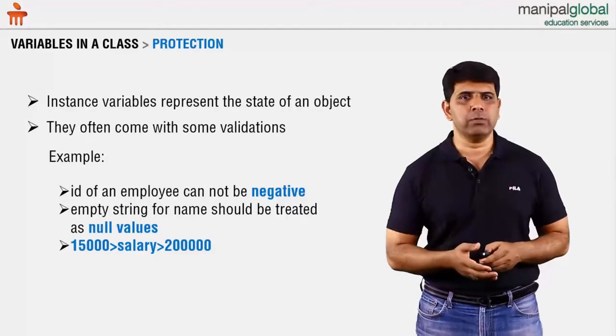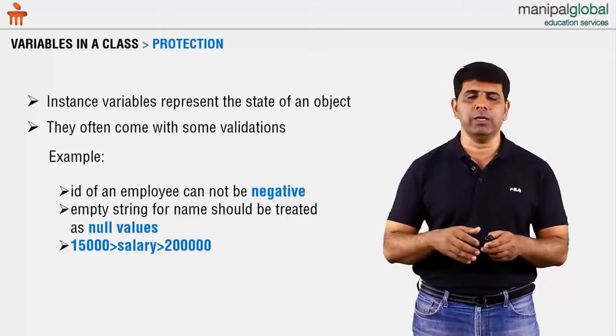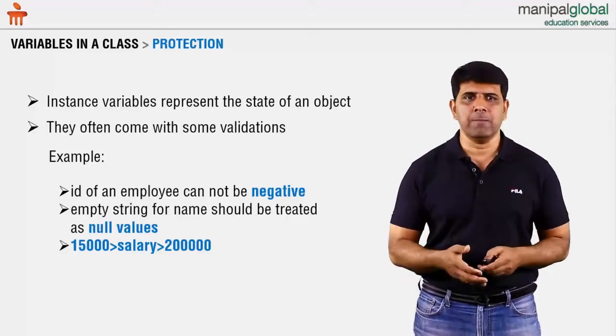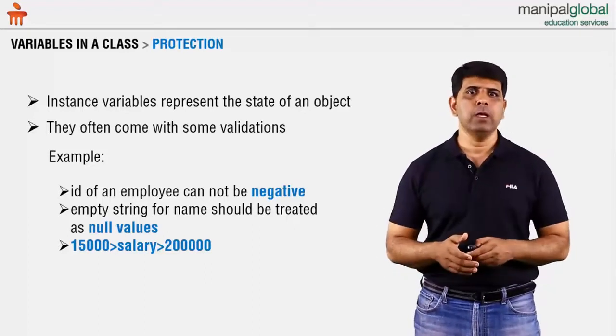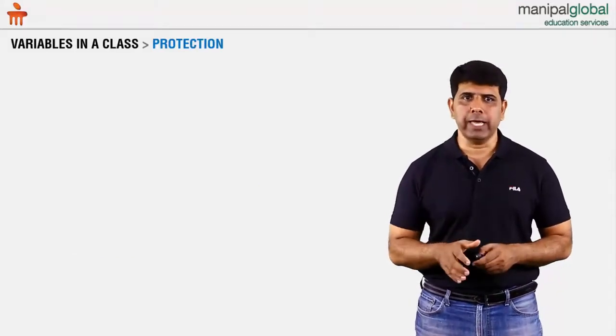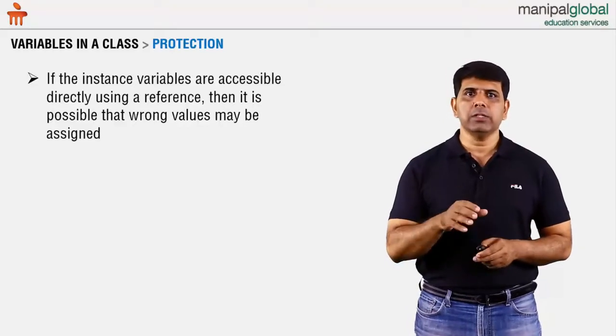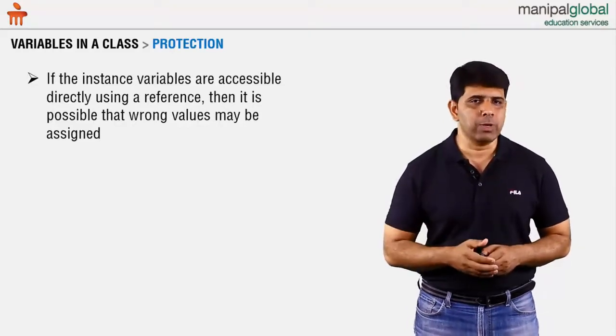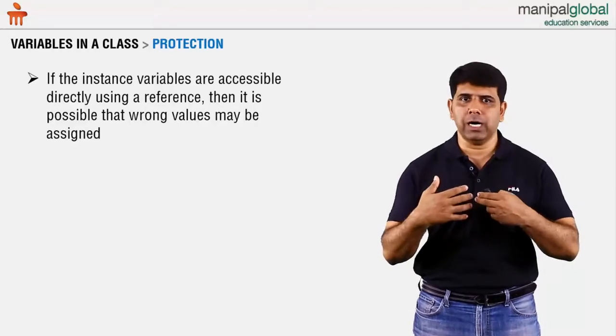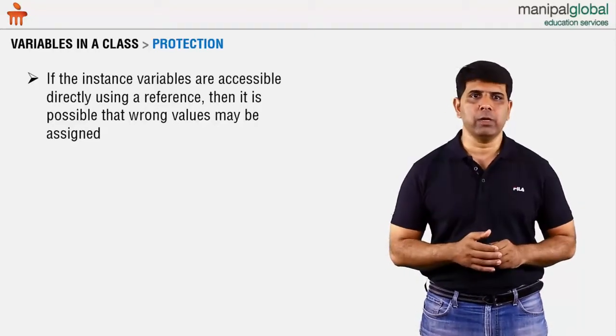A name cannot be empty or probably cannot be too big. You always have some validations. If you do not protect them and instance variables are accessible directly, then it is possible that wrong values may be assigned. Wrong for us, but for the compiler it may not be wrong.